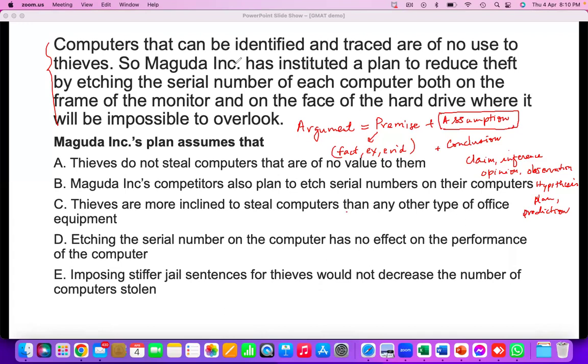This is the reason we never argue in real life using critical reasoning. See, computers that can be identified and traced are of no use to thieves. That's the fact. That's the premise.